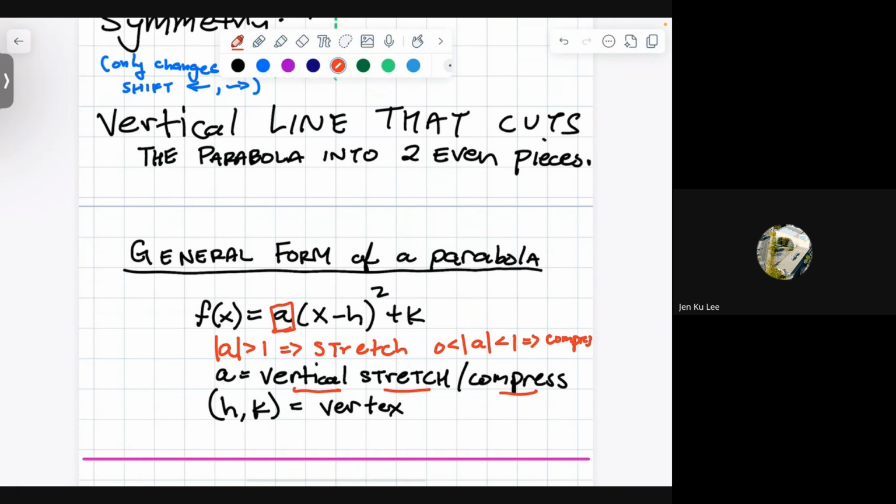Your h and your k, this value and this value, that is your vertex. So if it's in this form, you automatically know where your vertex is. And a little thing about the plus and the minus: it's minus h and plus k. Notice that these are my shifts in transformation. We're going to shift it left or right h units, or up or down k units. It's my horizontal or my vertical shift.